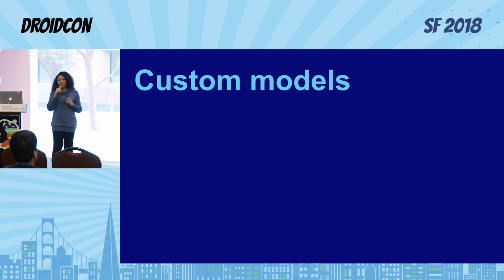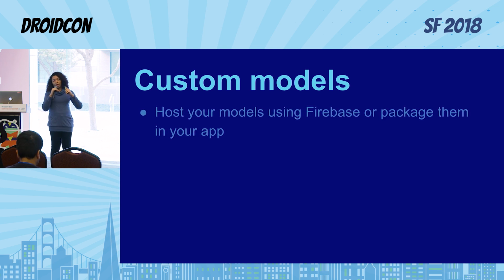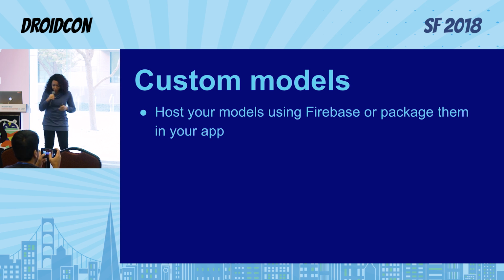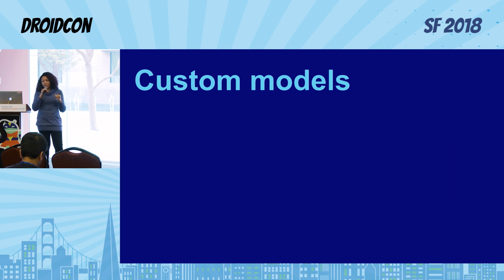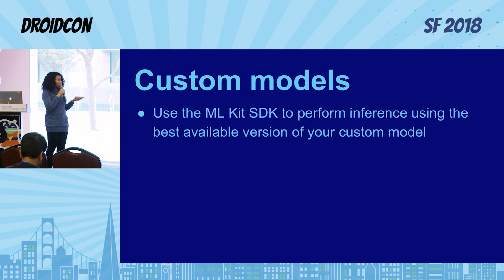Firebase supports that in the sense that it lets you host your models, so you can just upload the model, so instead of bundling the model with your app, you can upload it to Firebase, and then it downloads it for you, and also you can update the model using different A/B testing configurations, which I think is pretty cool. So you should check that out if you want to.